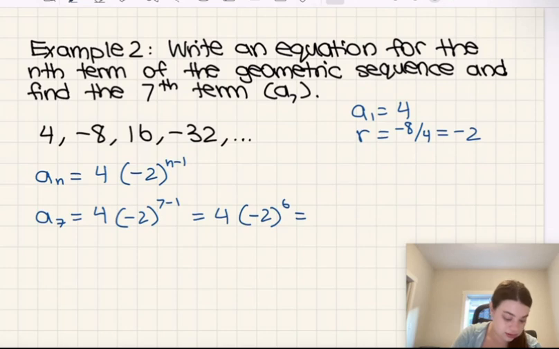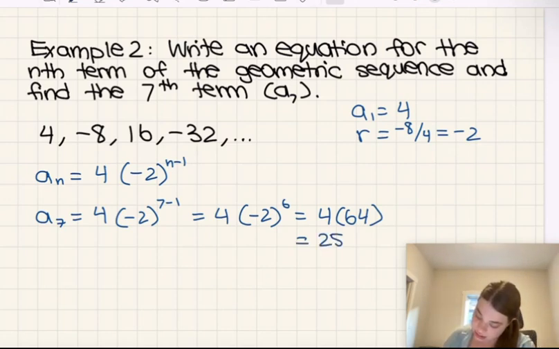And negative 2 to the power of 6 is equal to 64. And the answer to that is 256. So therefore, the seventh term in this sequence is 256.